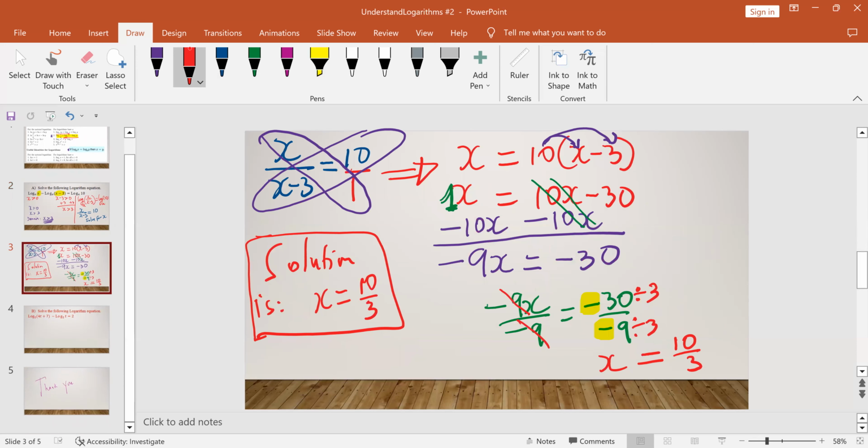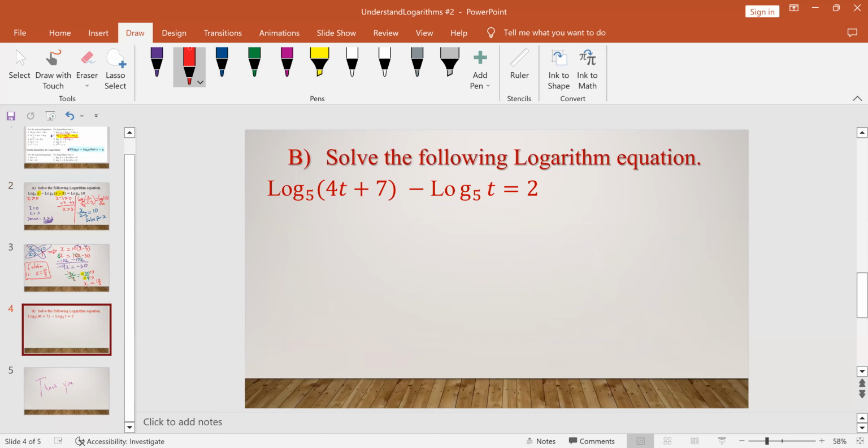Okay, let's solve one more equation. So this one, solve the following logarithm equation. Okay, so you're going to see that in this equation, we have two logs in the left hand side and no log in the right hand side. It's not yet a big deal, but what we'll do is rewrite the two logs here as one log.